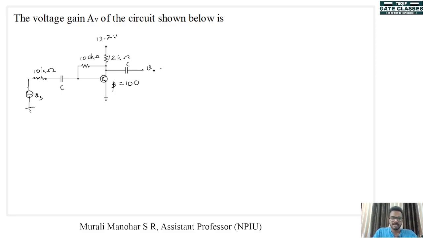From the DC conditions, we will derive r pi, and after that we can find out the voltage gain using the AC analysis. So the first step is DC analysis. The circuit will become like this.